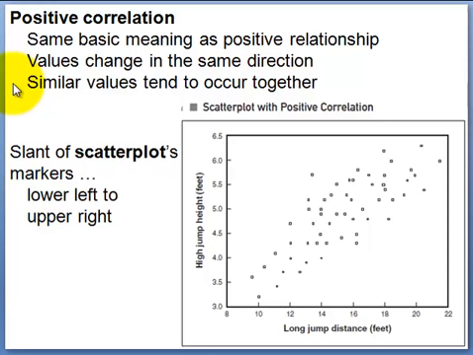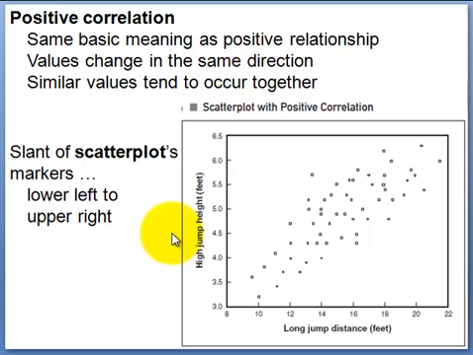So let me take a look at this scatter plot here in the lower right of the slide. A scatter plot conveys visually relationship or lack thereof between two numeric variables. Correlation in meaning is very similar to relationship.